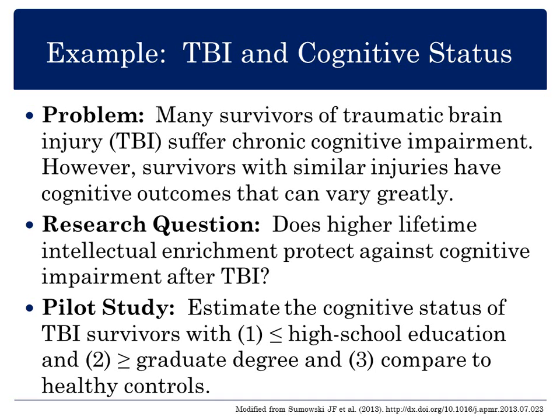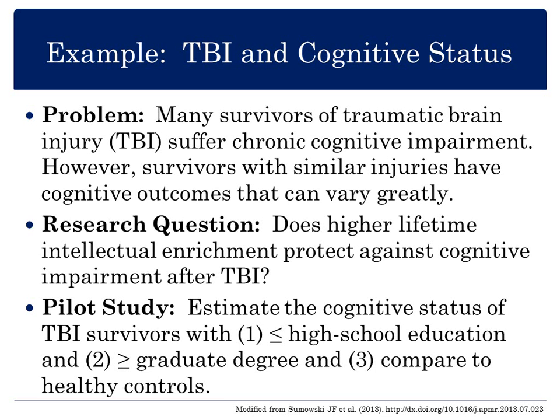So suppose, based on these kinds of questions, that this is a new field of research for us. We're going to do a pilot study because we really don't know what cognitive impairment looks like. How do we measure it? What does that score actually reflect? We don't know in our population the breakdown of intellectual enrichment, educational attainment. So we're going to use a small study to estimate the cognitive status of TBI survivors in a couple of different categories.